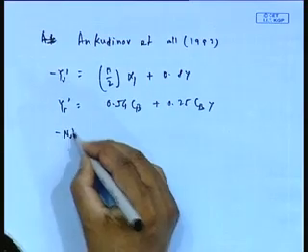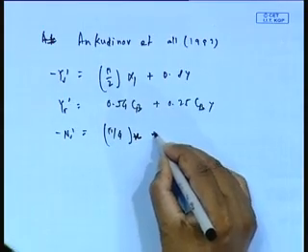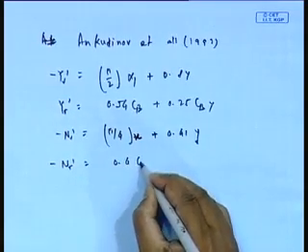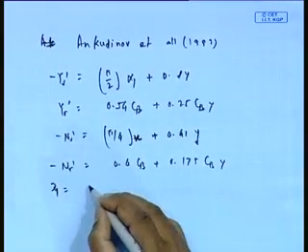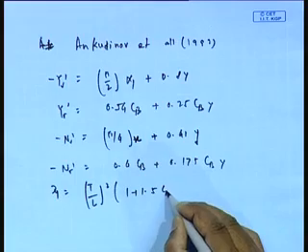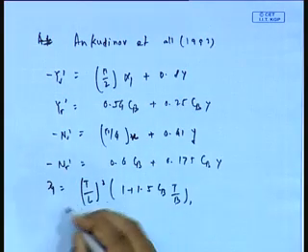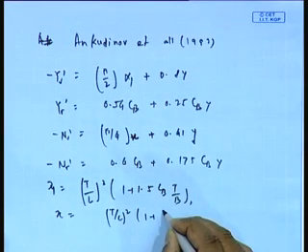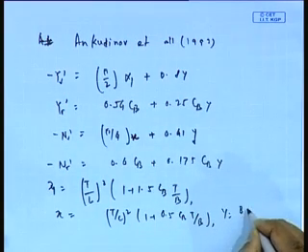I have to write fast. x, n minus n r dot. x1 is T by L. x there is also the same, and T by L square into 1 plus 0.5 CB TB, and y is B T by L square.